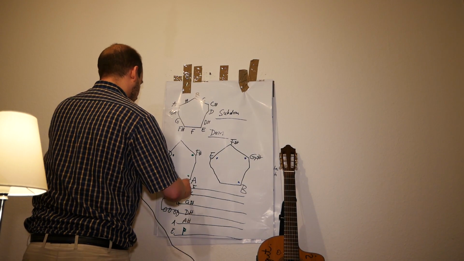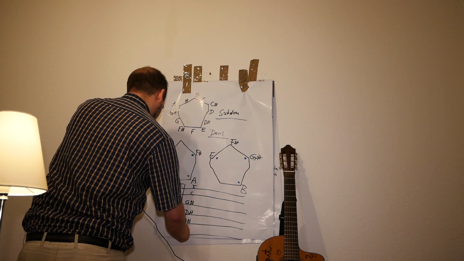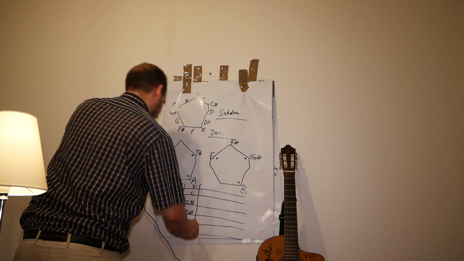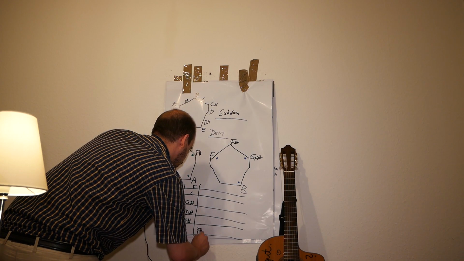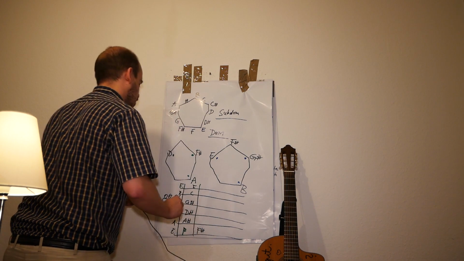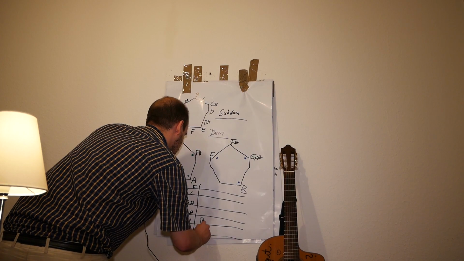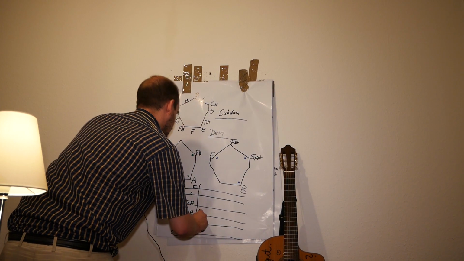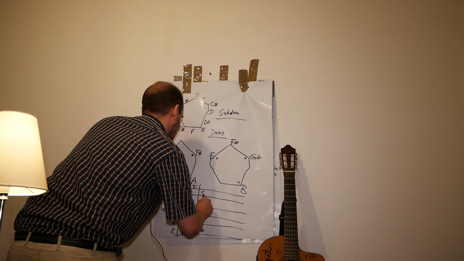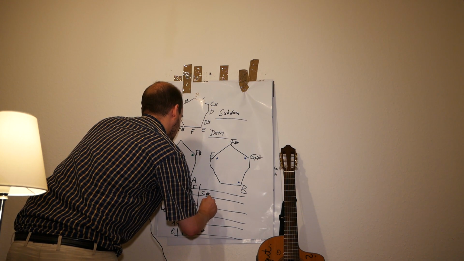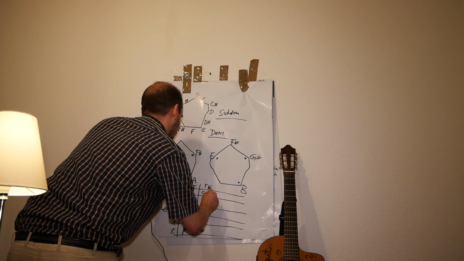But this was only the first fret. Now on the next fret, there comes an F sharp, then comes here a B, then comes an E, then comes an A, then comes a C sharp, and then comes an F sharp.